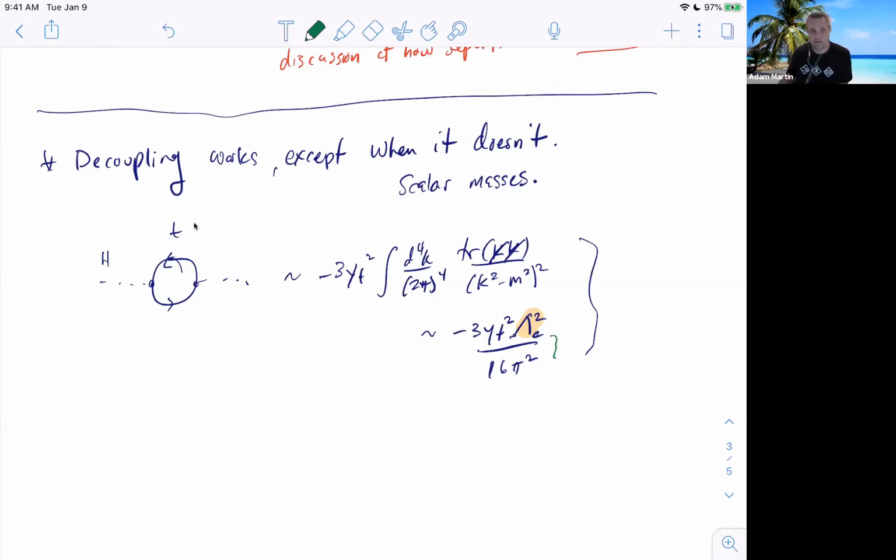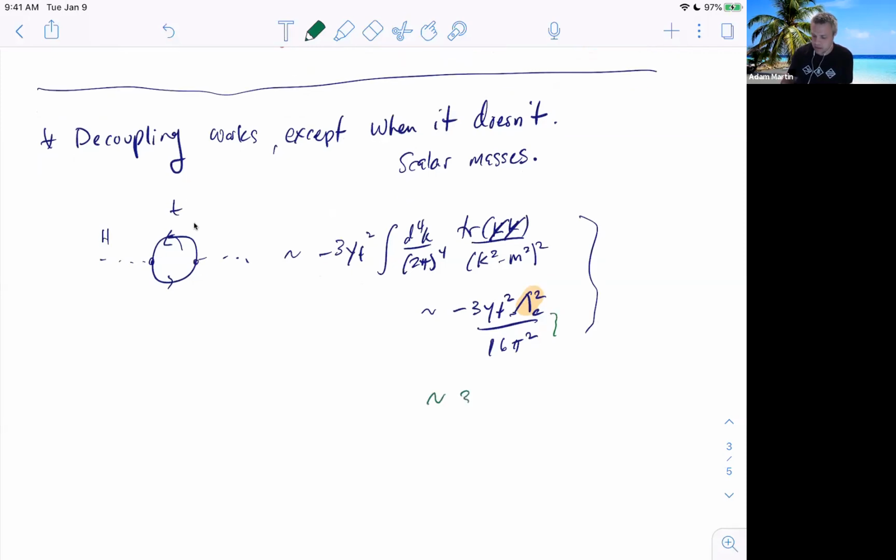That's not fair to do. In dim reg, it does not look like that. In dim reg, you'll get something that looks like it's got to be a mass. The only mass around is the top mass, because I'm imagining this is my top quark. Physics should not depend on your regulator. So taking this to the bank and saying, this is why there's got to be new physics, is dangerous.